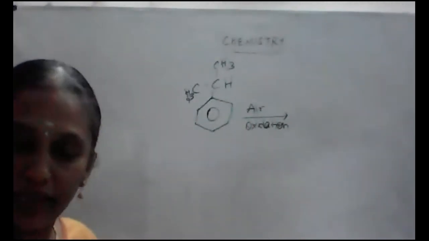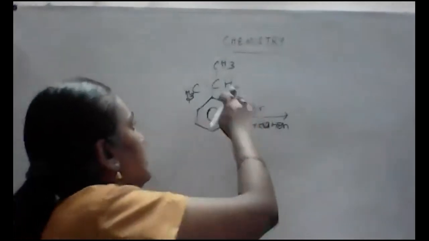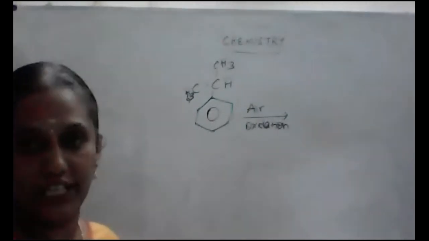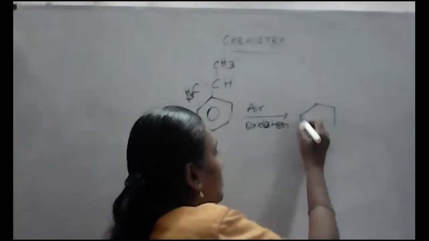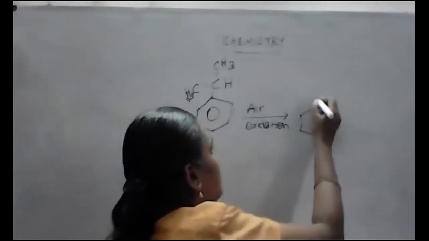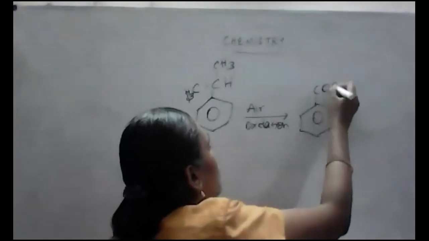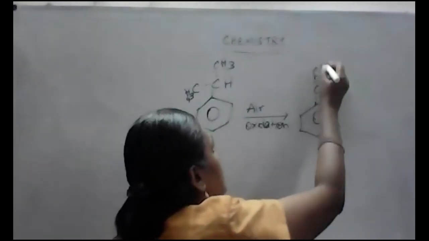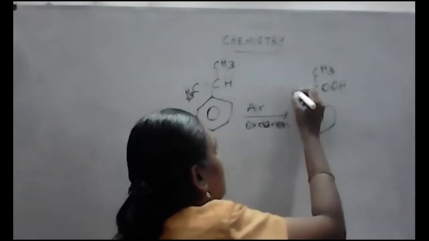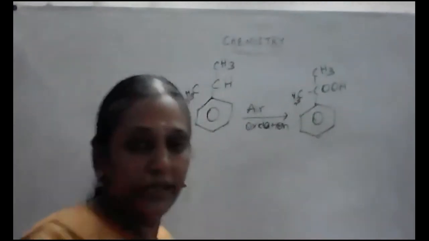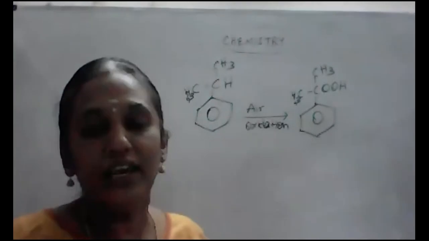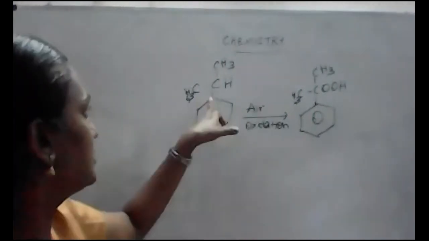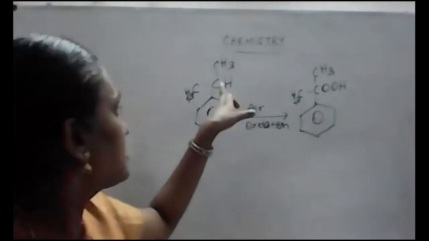When we make this undergo air oxidation, the CH becomes COOH, giving C6H5-C(CH3)2-OOH. This is called cumene hydroperoxide.